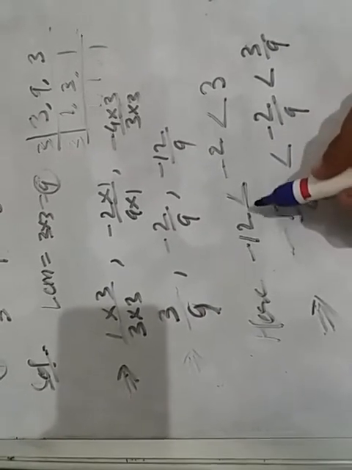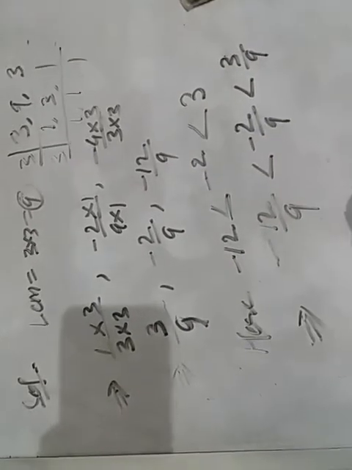What is minus 12 upon 9? That is minus 4 upon 3. This implies that minus 4 upon 3 is less than minus 2 upon 9, and the next one is 1 upon 3. Okay children, these are in ascending order.